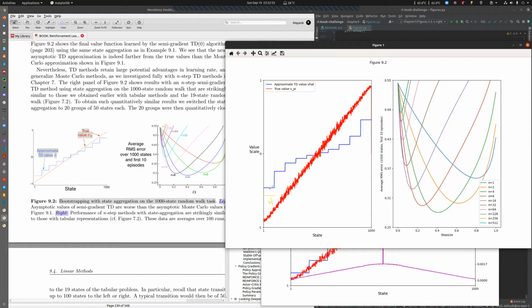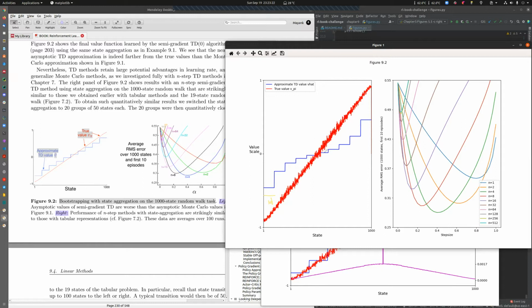So this value is constant here. For each group of states, the values are constant, and the approximate TD values versus the true values try to go up and down.